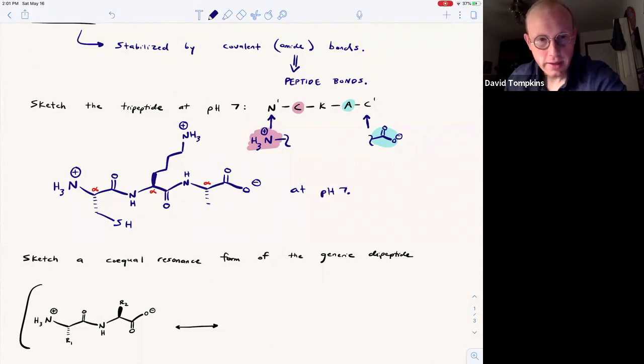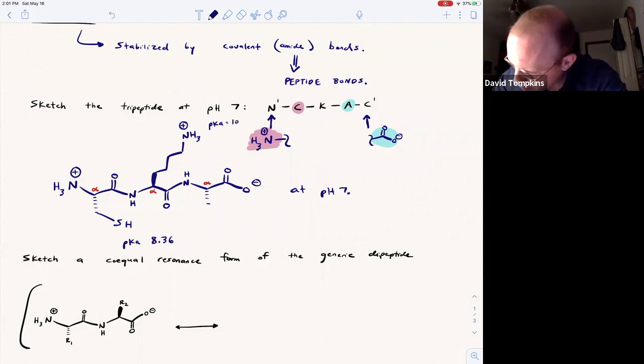There are pKa's for these. 2 side chains are ionizable. However, the pKa of the thiol, 8.36, is higher than pH 7, so that one remains protonated. The pKa of lysine is 10.5, which is much more basic than pH 7, so it also remains protonated, as does the N-terminal here, with a pKa of around 10.7.